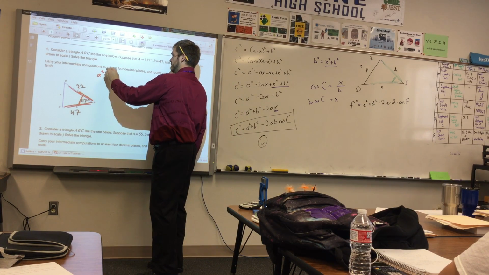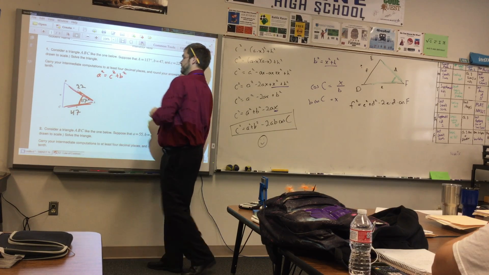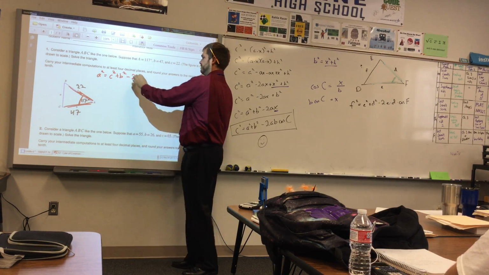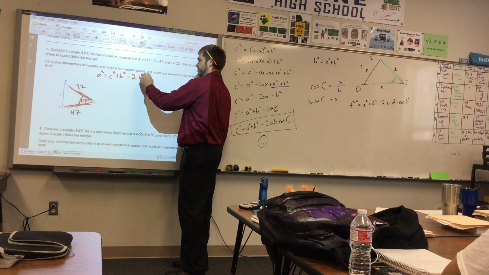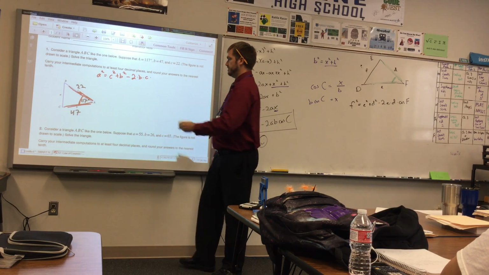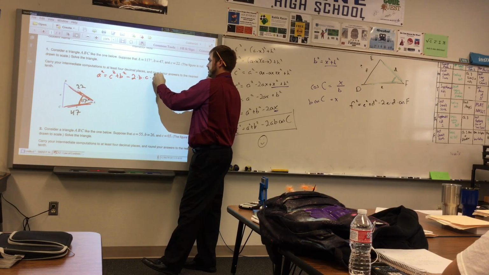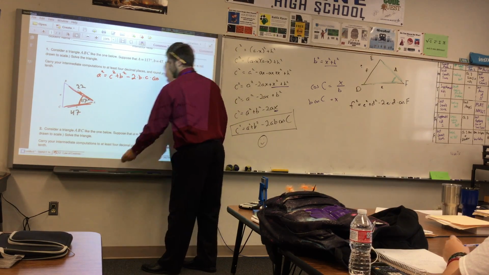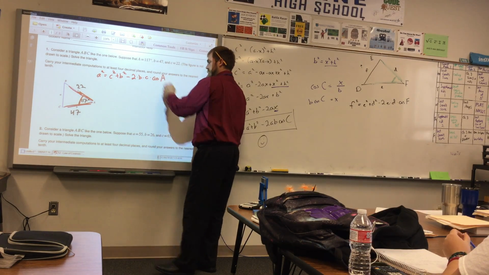C squared plus B squared, minus 2 times B times C, times cosine of angle A, there you go.